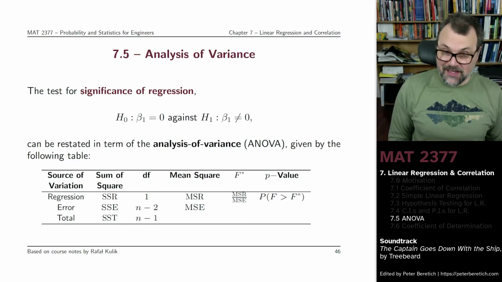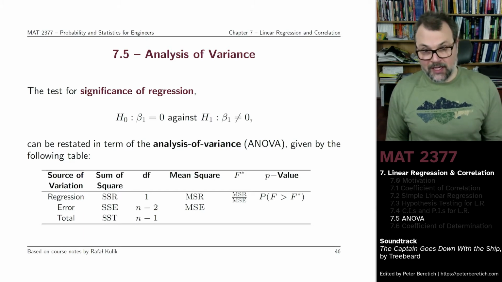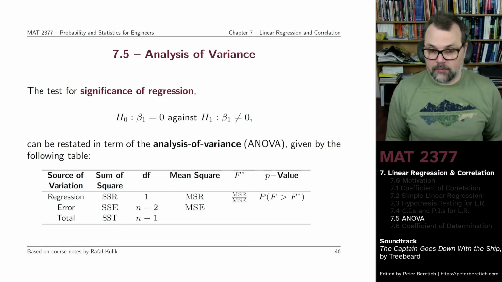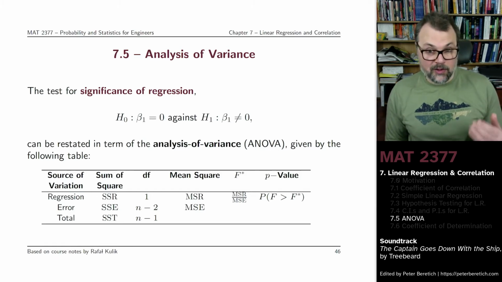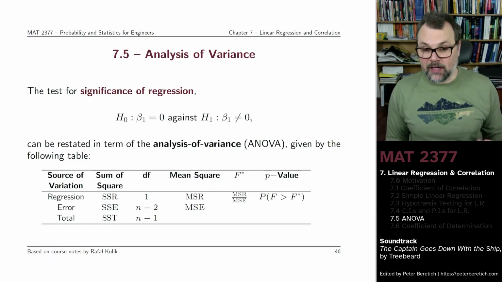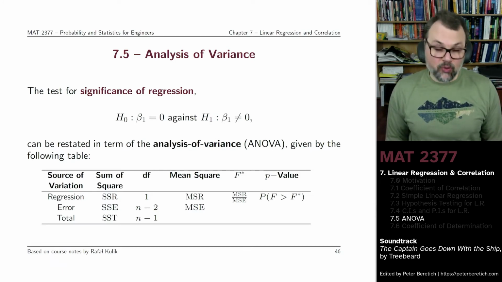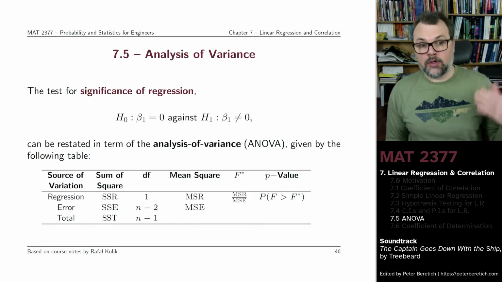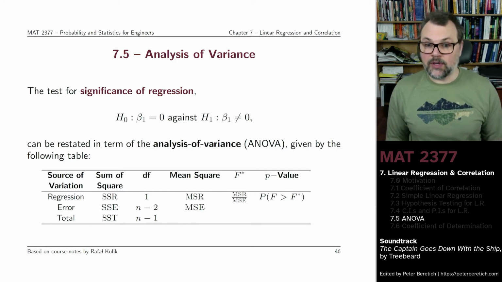Same with MSE. When you compute the ratio, you get a specific value. It's an F statistic. And you can compute a corresponding p-value, the probability that you would expect the ratio MSR to MSE to be greater than this F statistic if things were happening completely by chance under the null hypothesis that beta 1 is equal to 0.